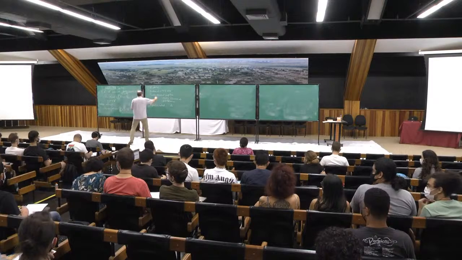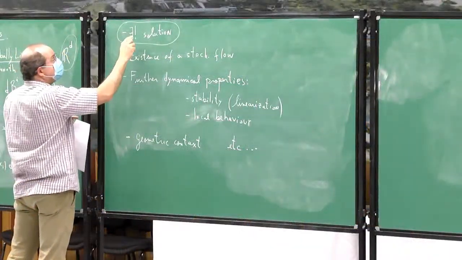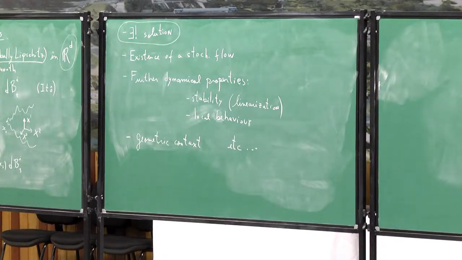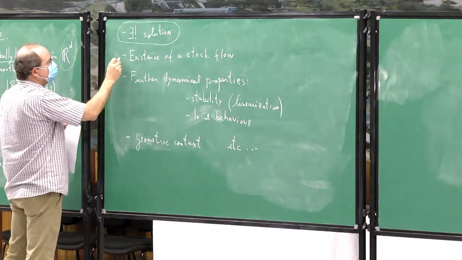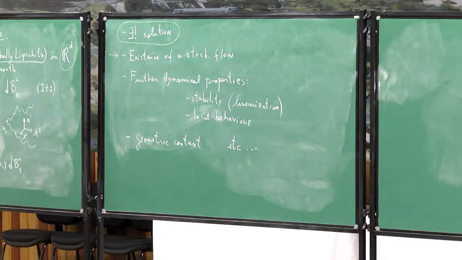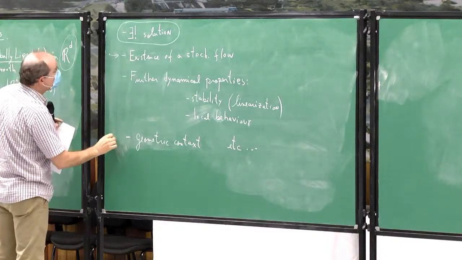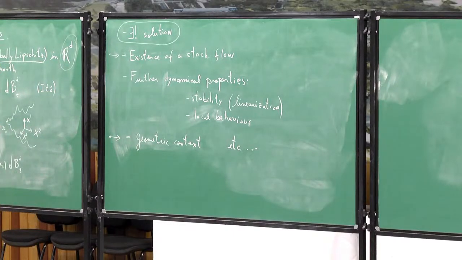What I'm doing today is giving an idea of existence and uniqueness of solution for a certain initial condition. I'm not going to prove it, but I'm going to show the result and how to use it in some geometric context. And then I finish.